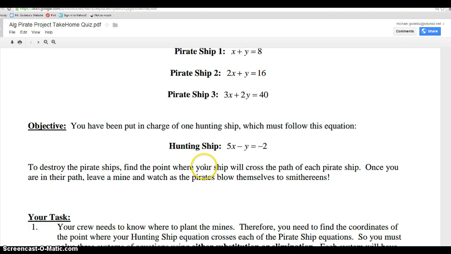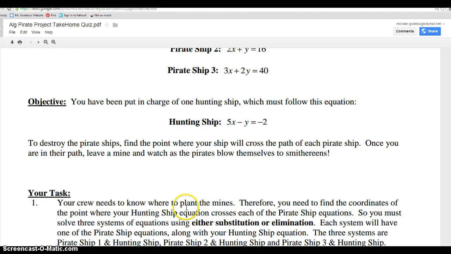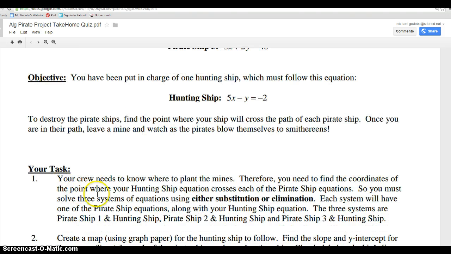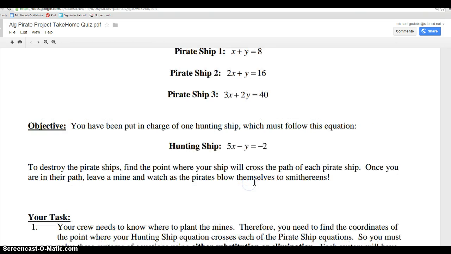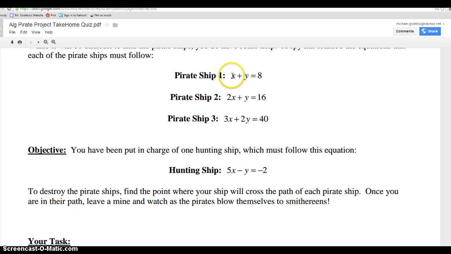Essentially, that means you need to find where the hunting ship crosses the path of the pirate ship equations. As we know in chapter 6, that means where do these equations intersect with these equations.